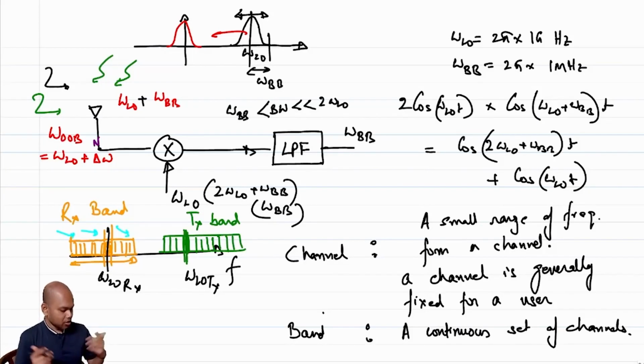Okay, so if I am getting that, what's going to happen? This signal is again going to come in, and it is again going to get mixed with omega LO, and it's going to come to the input of the low pass filter, and I am going to get some other baseband information also.